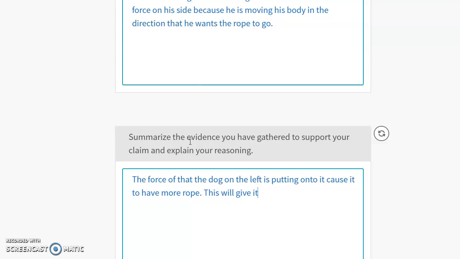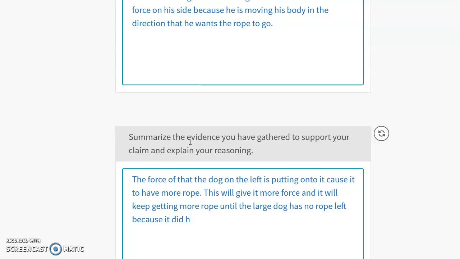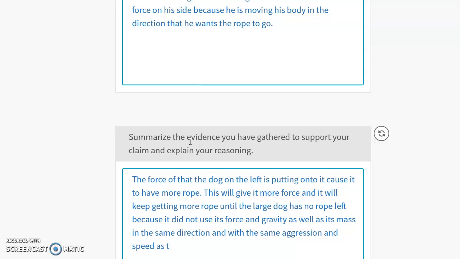This will give it more force and it will keep getting more rope until the large dog has no rope left, because it did not use its force and gravity as well as its mass in the same direction and with the same aggression and speed as the dog on the left.